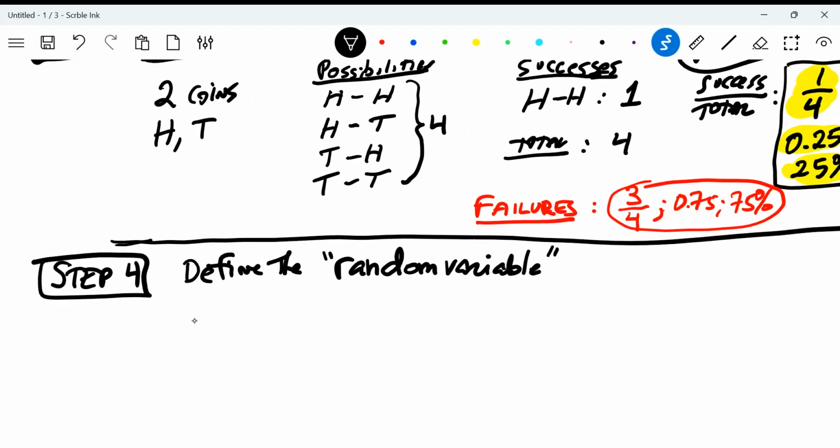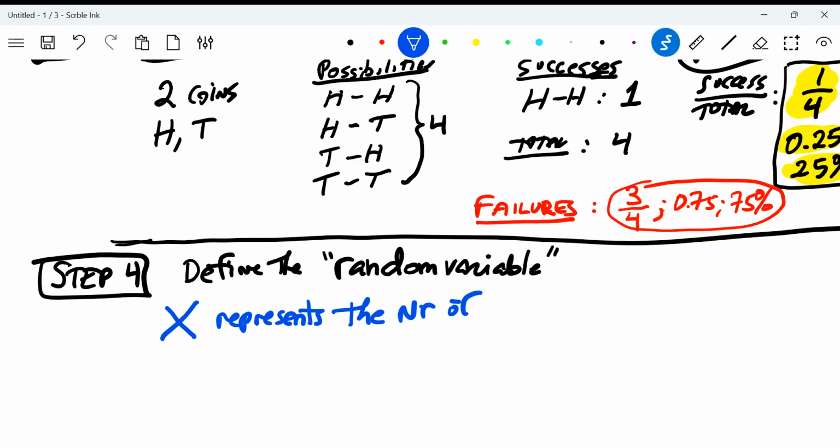I'm going to use X. X represents the number of successes in 20 trials.